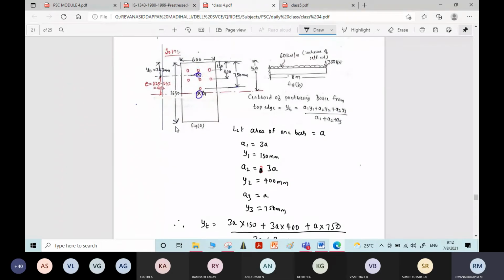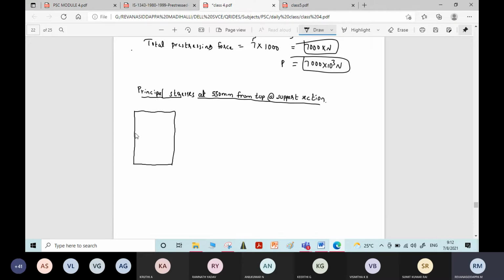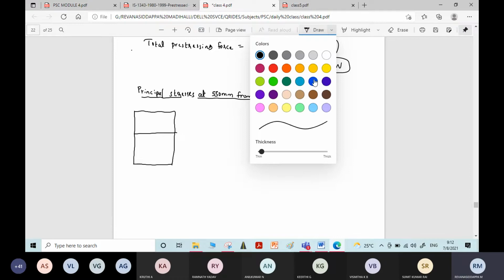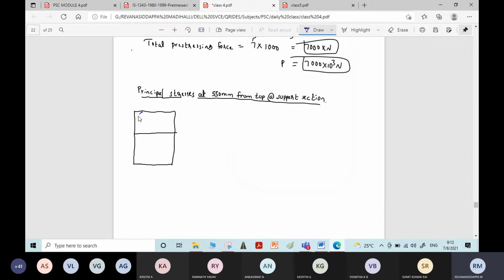We need to find the principal stresses at a distance 550 mm from the top. Total or overall depth is 1650.